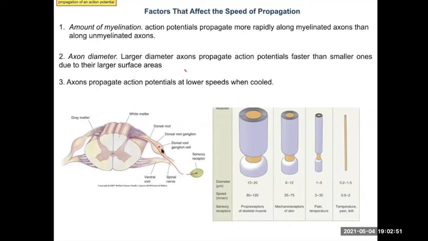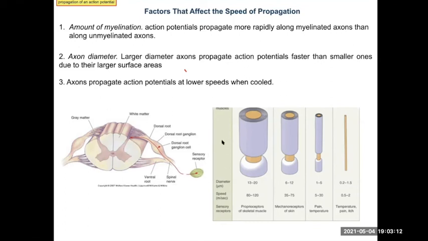Another thing, which again is kind of hard to describe since we don't go over resistance and stuff, but larger diameter axons, just in general, if you ever run into this kind of material, larger diameter axons are going to be much faster. They're much less resistant.